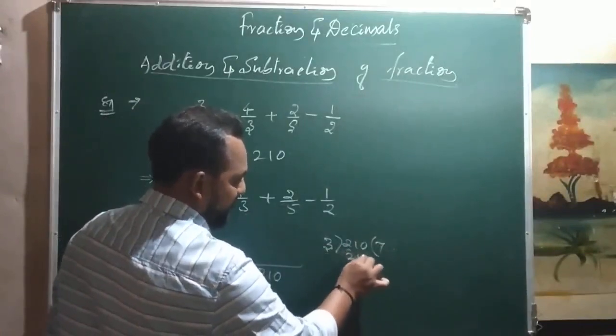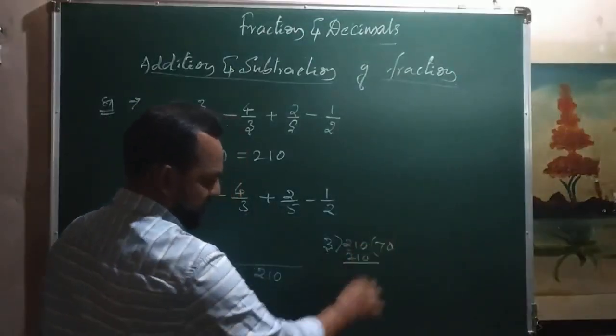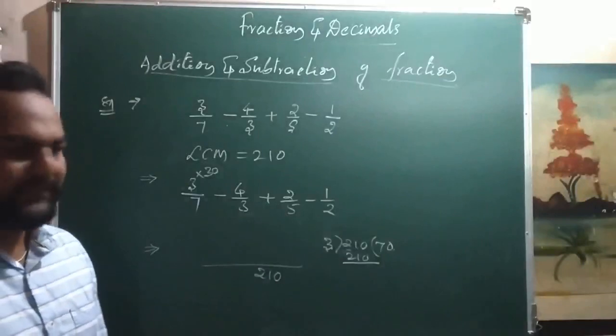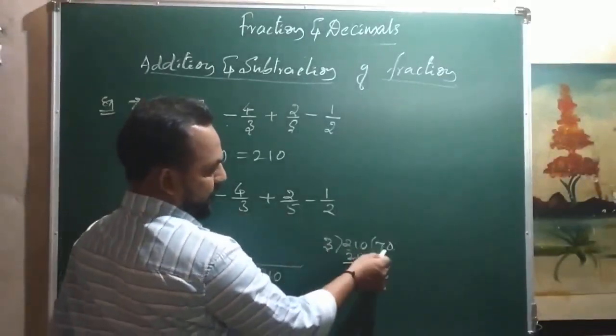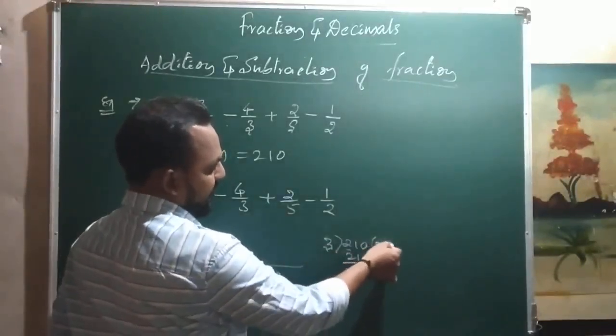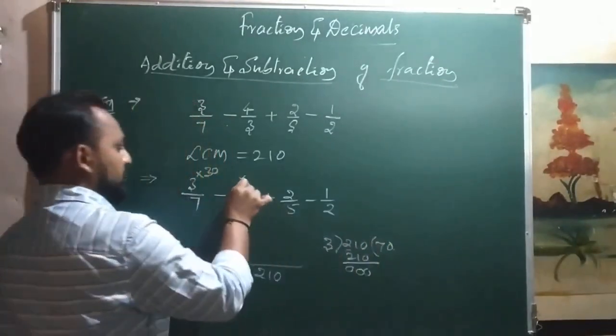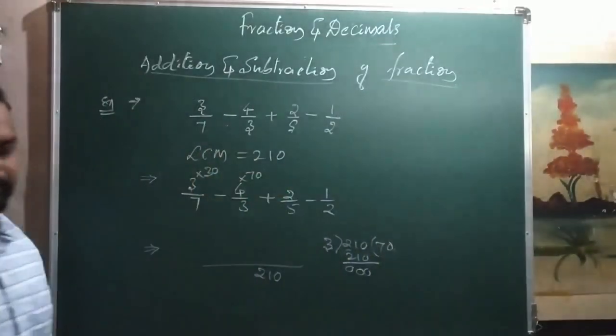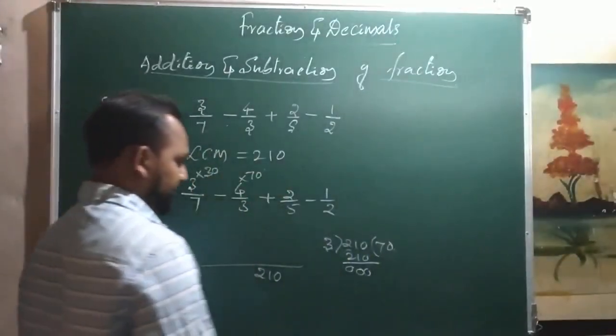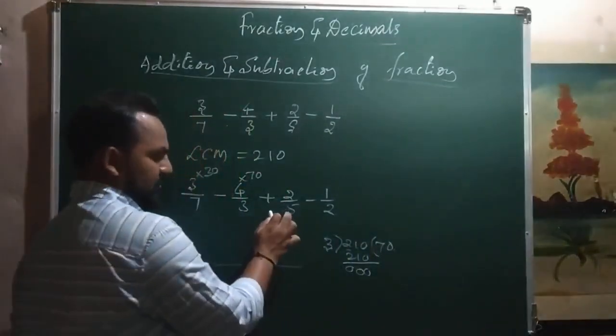3 7s are 21, it means 3 70s are 210, so the quotient is 70. Okay, next denominator is 5.